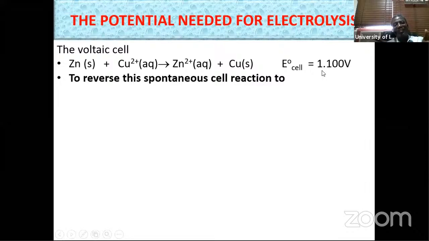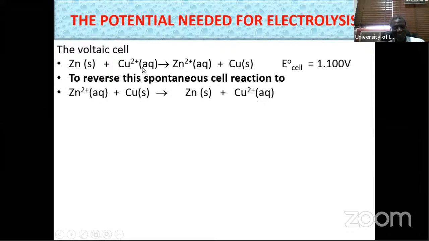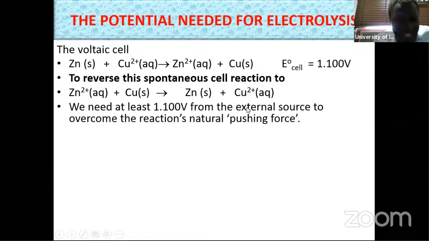To reverse this spontaneous cell into one that is electrolytic, we change what you have on the right hand side to the left hand side, and what you have on the left hand side to the right hand side. That means you need at least 1.1 volts from an external source to push it in the other direction.